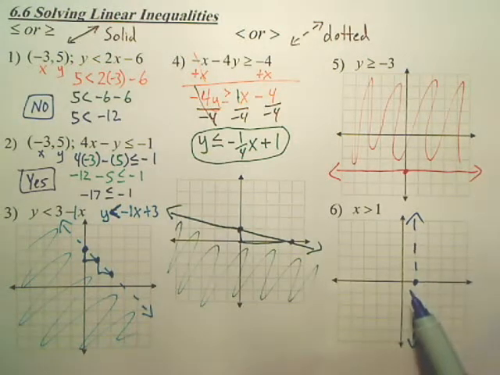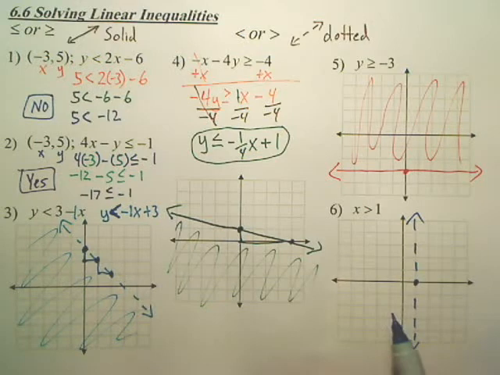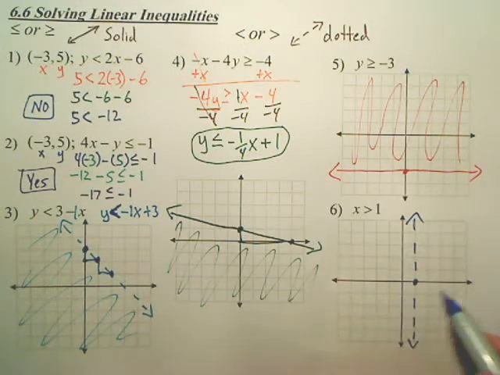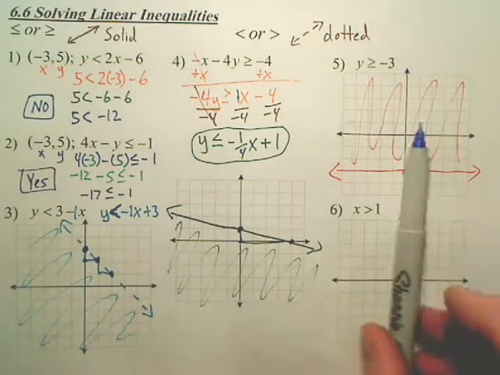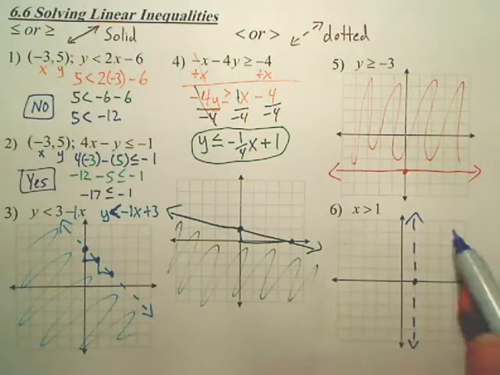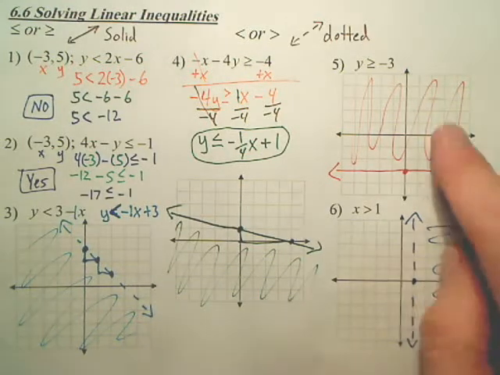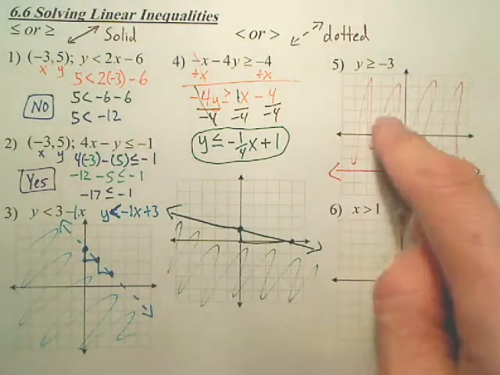You can't tell top or bottom of this one, can you? But which side has bigger or smaller values? Think of a number line going left and right. Which side has bigger values? The right. This side has the bigger values and this side has the smaller values.